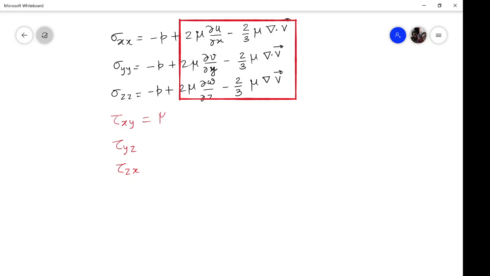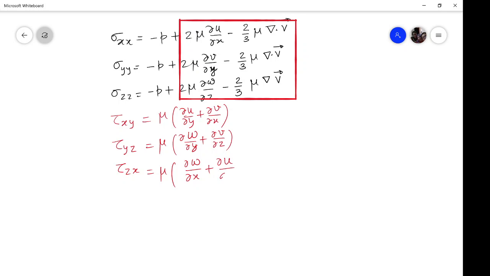So this will be mu times del u by del y plus del v by del x. This will be mu times del w by del y plus del v by del z, and this will be mu times del w by del x plus del u by del z.